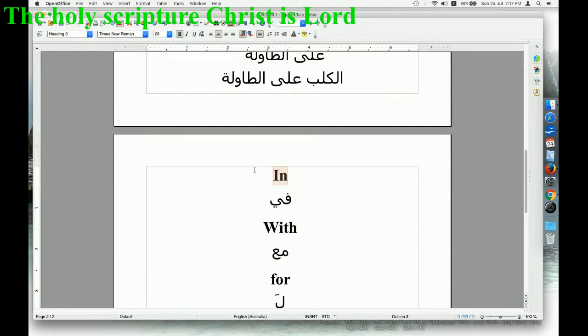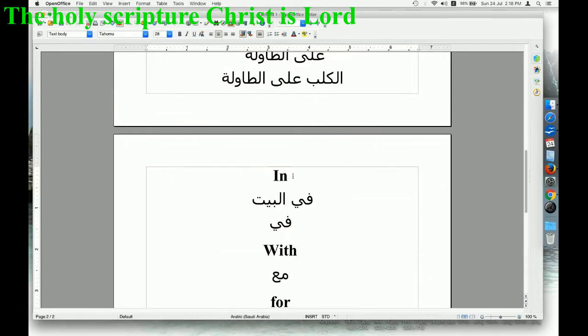If I ask you where we will meet together, you say to me, fil bayt, at home. You notice here that fi works like at in English, while in Arabic it's in.